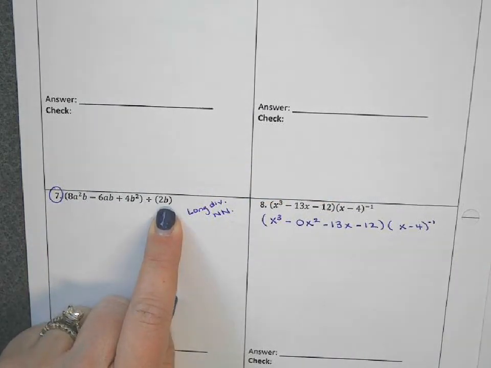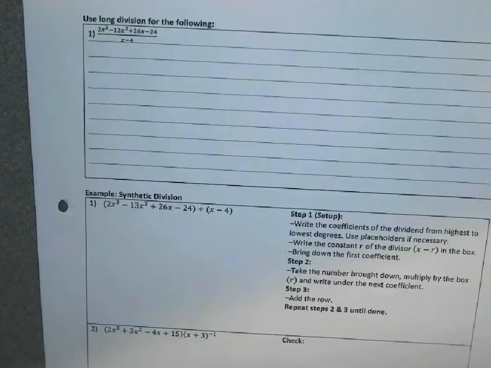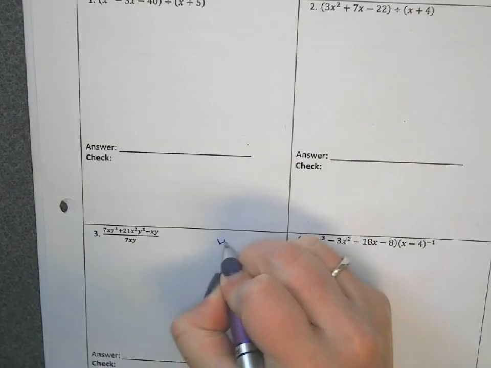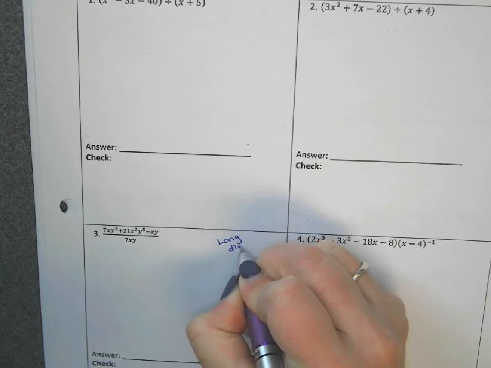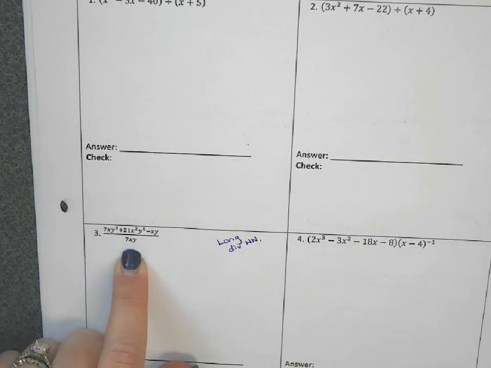There's another one that you don't have to do long division. Nora? Number 3. Number 3 is the other one where long division is not necessary. You're dividing by a monomial. You do not have to do long division when you're dividing by a monomial. Do you see the difference?